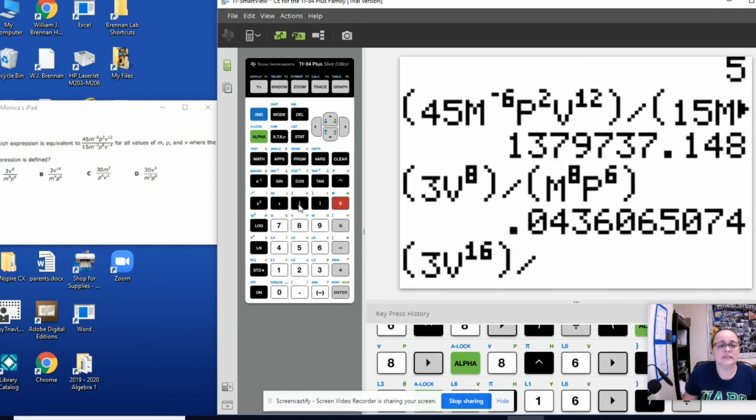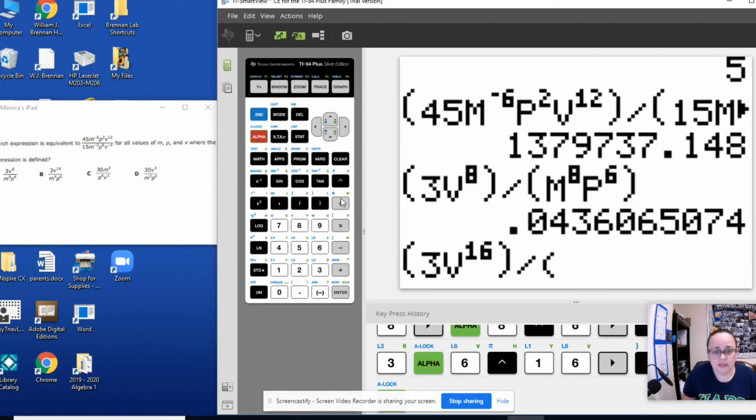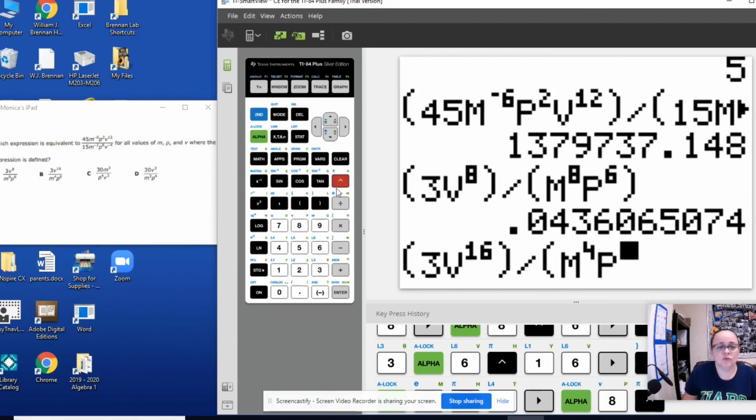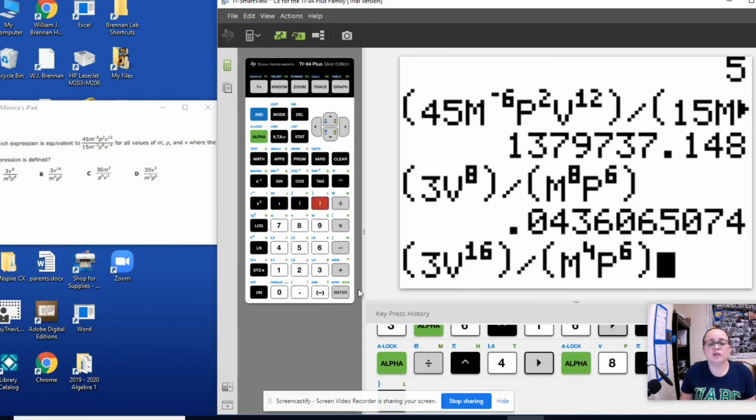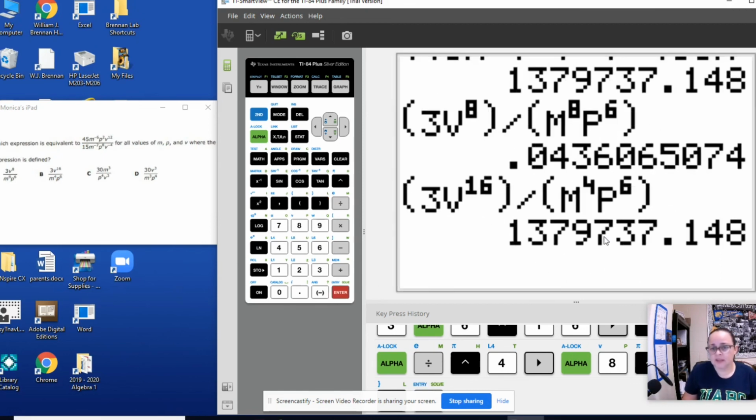Over, or divided by, m, alpha m to the 4th power, out of the exponent, p, so alpha p, which happens to be the 8, to the 6th power, out of the exponent, close your parentheses, enter. You see how this is exactly the same number as before? So that tells me that my answer is actually B.